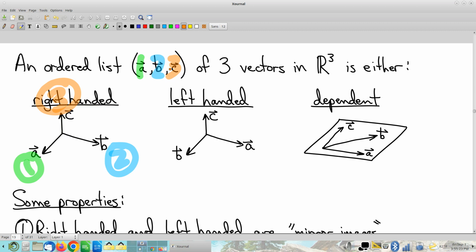And before I go on, let me point out, between the two of these define a plane. Let me draw that on here. A and B define a plane like that. Notice my thumb points to a well-defined side of that plane.